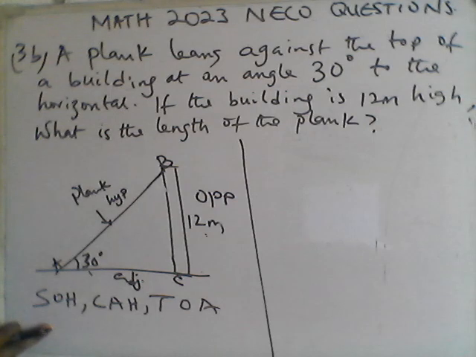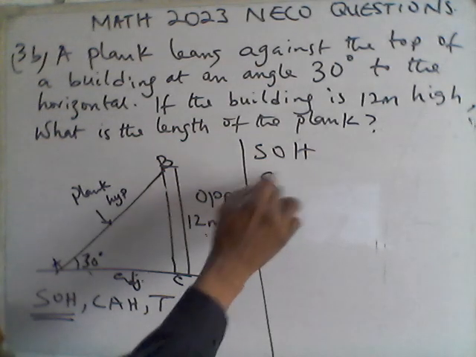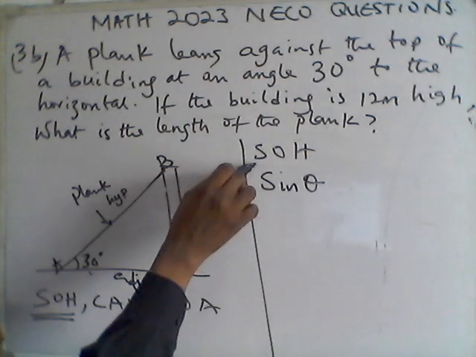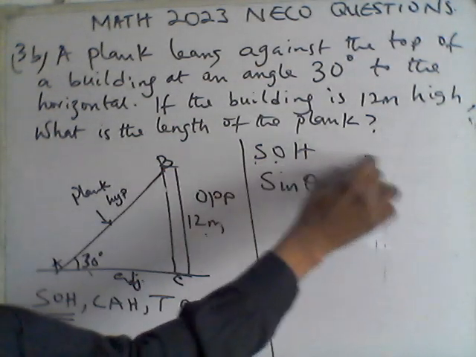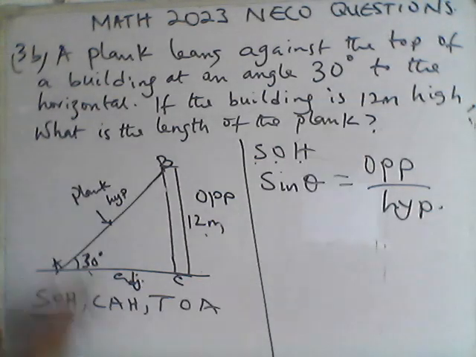So I'm going to be using this one: sine theta is equal to opposite over hypotenuse. This is what I'm going to be using to solve this.